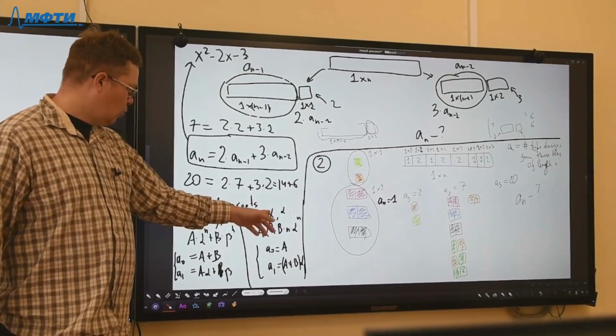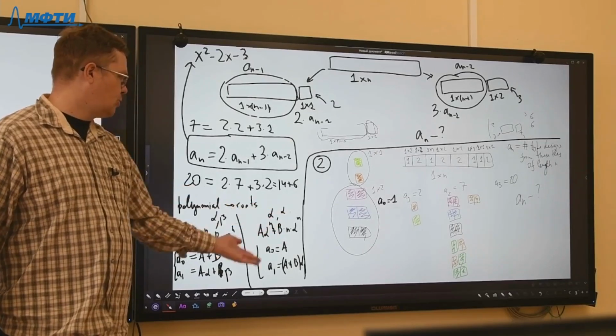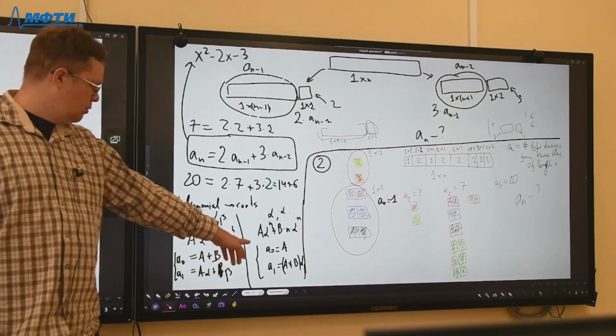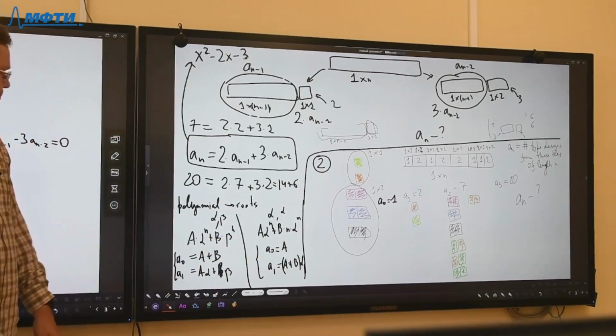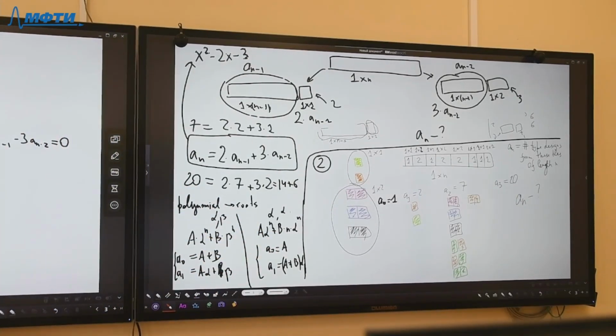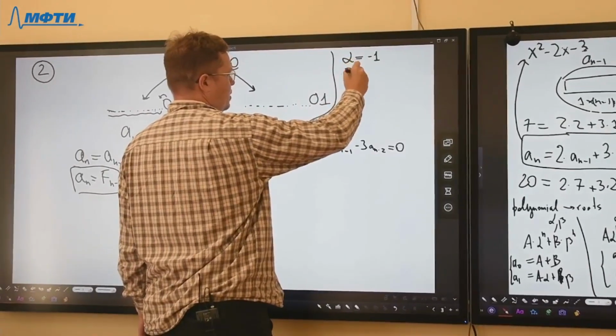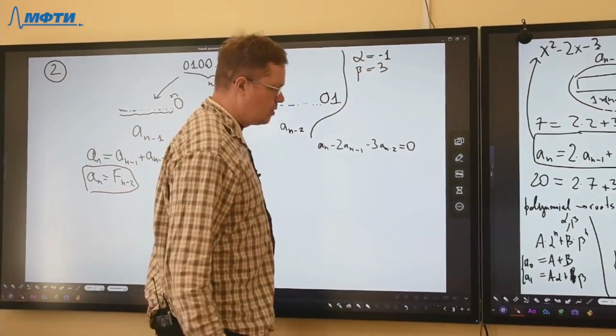And if we have one root of order 2, then we use this formula. In this case, the roots will be different. We have -1 and 3. So we can use this formula.